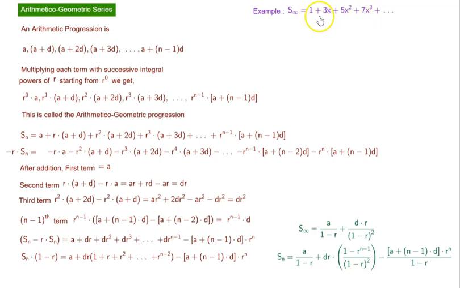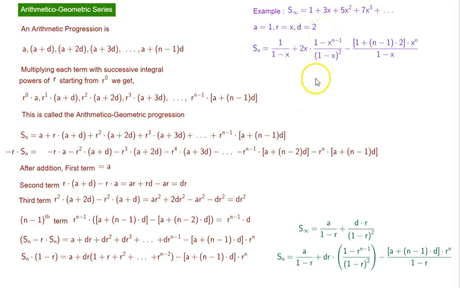So the common difference is 2. And what is r? The common ratio of the geometric series part of it. We have x to the power of 0, x to the power of 1, x to the power of 2, x to the power of 3, and so on. So x is r. So a equal to 1, r equal to x, and d equal to 2.